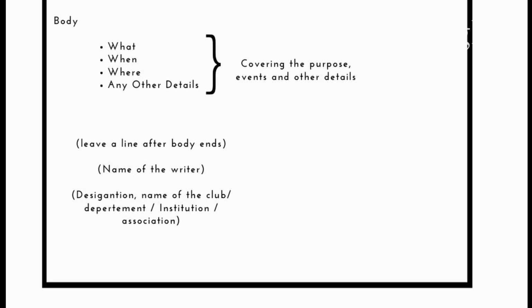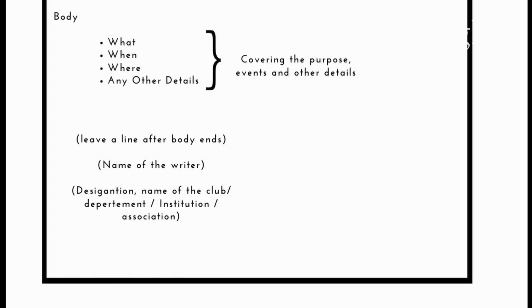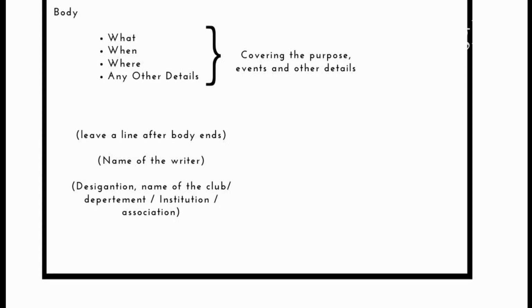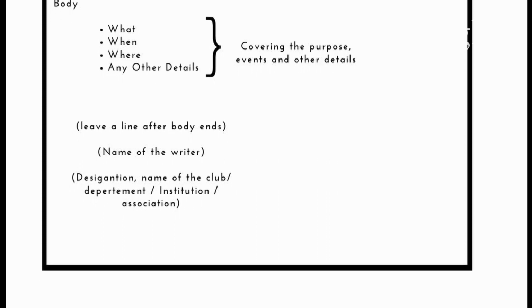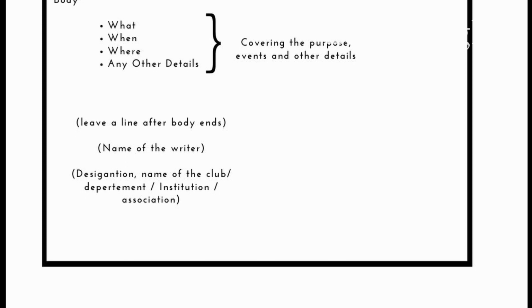Then once the body is complete, we have to leave a line. Then in the next line we have to write our name or the name given in the question. Below that, within the brackets, we have to write the post of the writer, maybe secretary or for that matter head boy or anything.